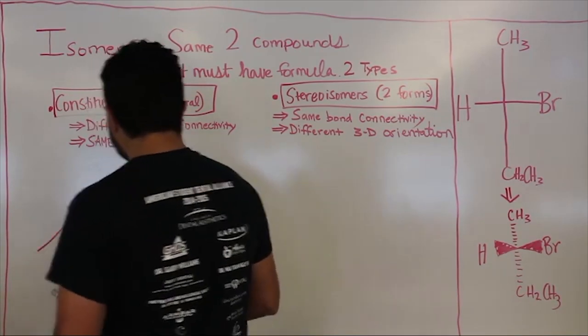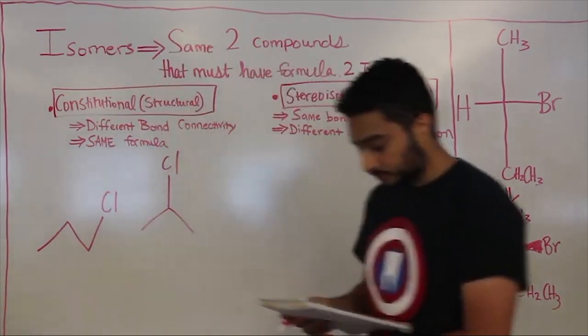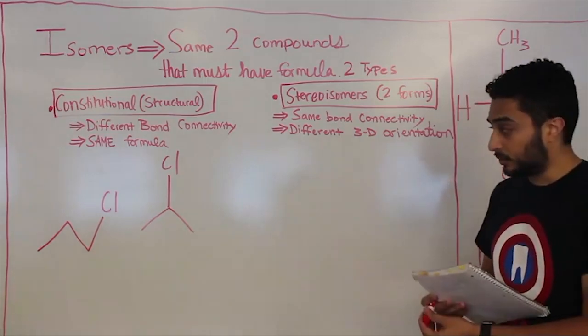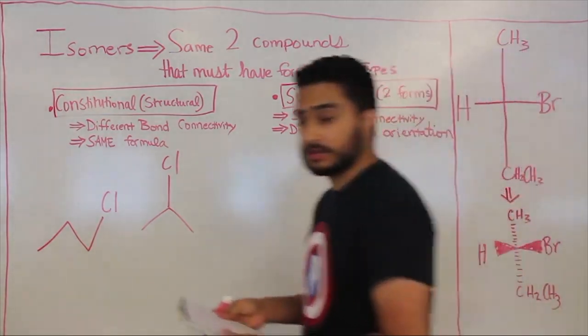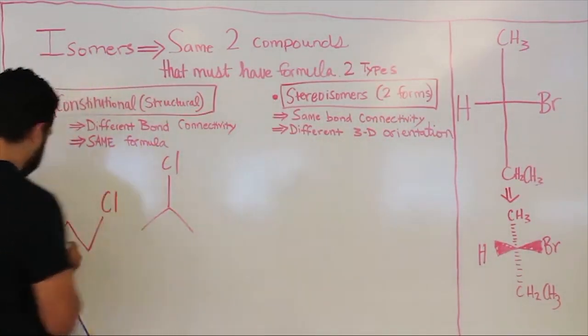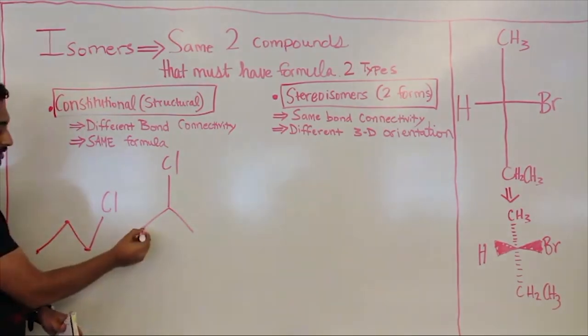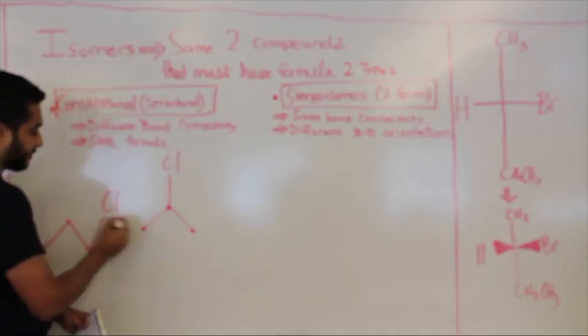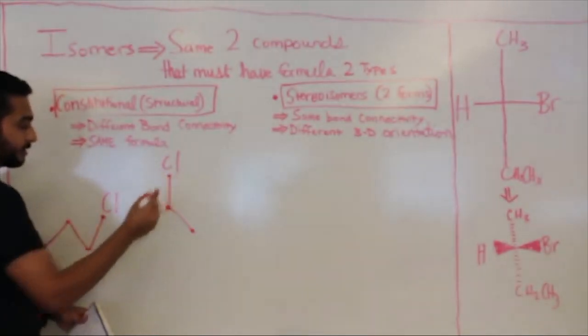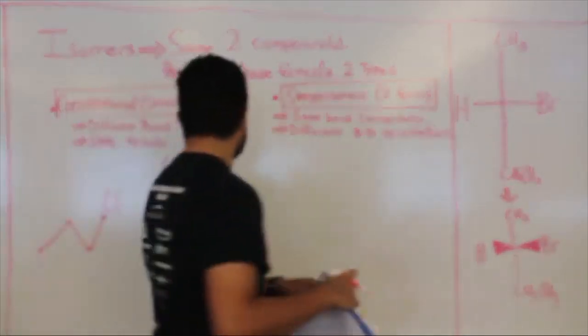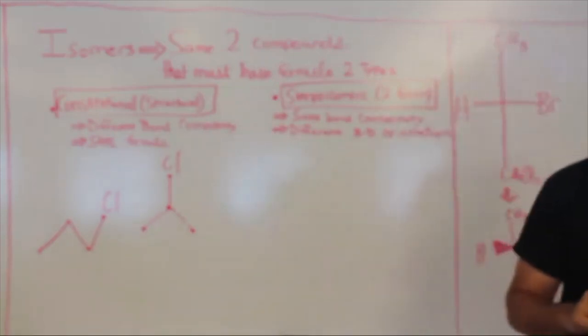So this has the same formula, as you can see. There's 1, 2, 3 carbons in both of them, right? And there's also 1 chlorine. But the positioning or the arrangement or the bond connectivity of both of them are different. Okay? So that's an example of that.